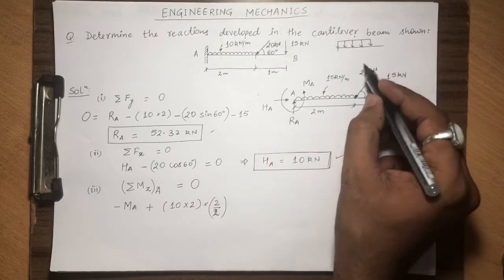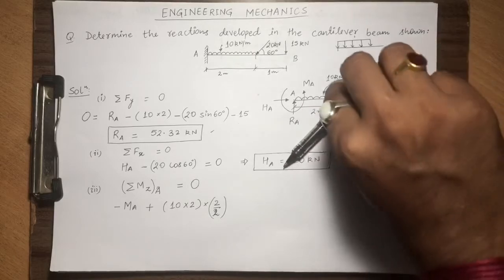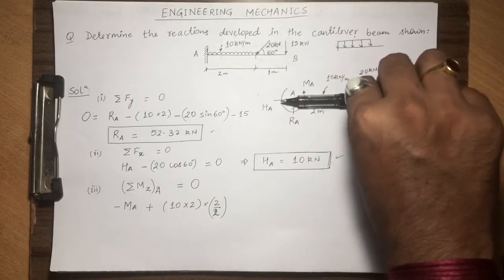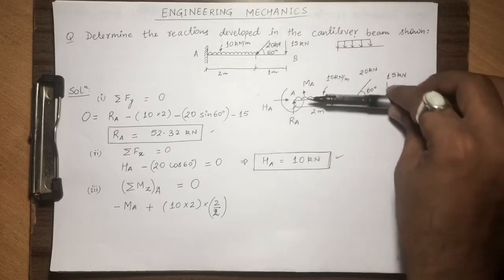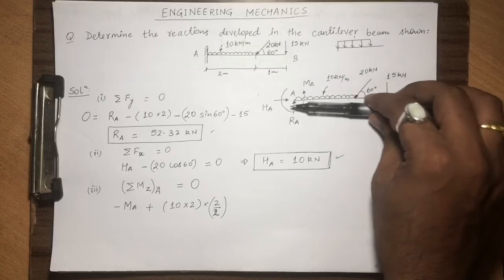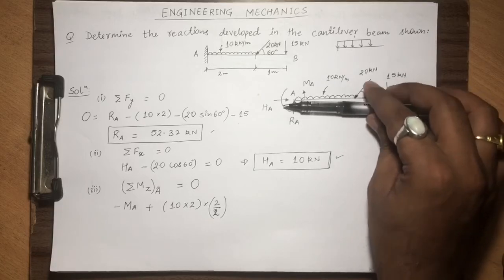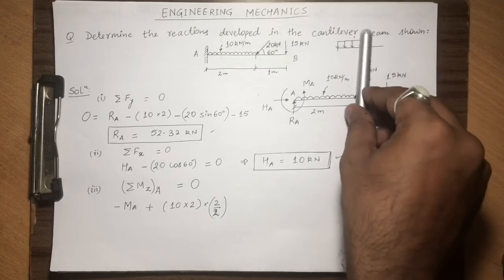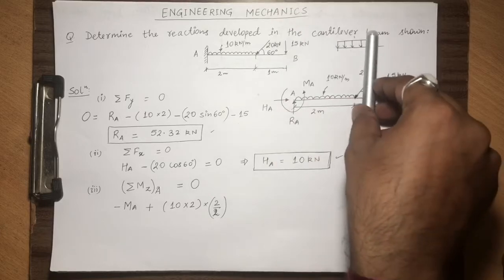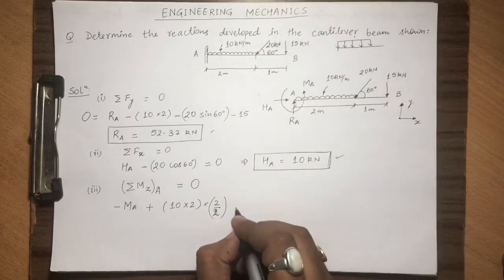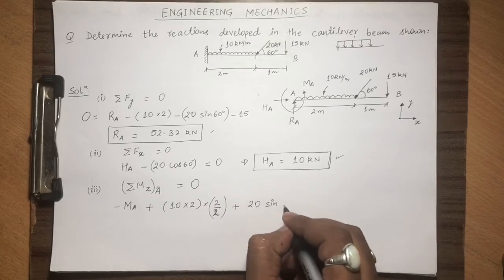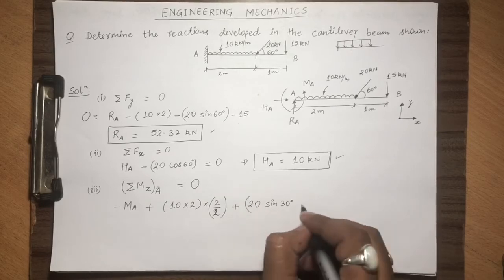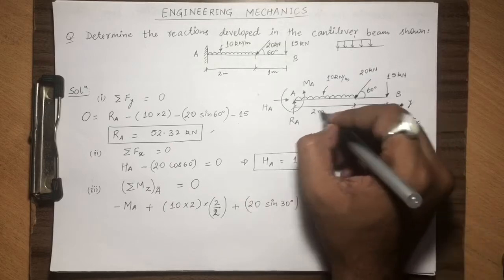Now this 20 kilonewton, one component is along this beam. So the force will be passing through this point only. So the horizontal component will not give any moment, but the vertical component will give the moment, that too in clockwise direction. So plus 20 sine 30 multiplied by the point of action, which is 2 meters.